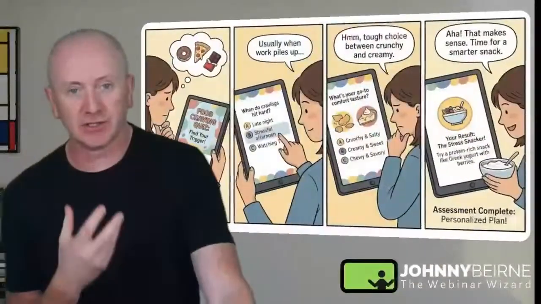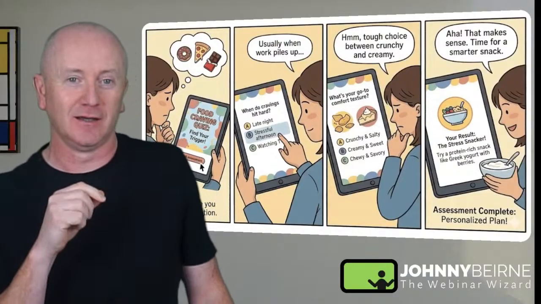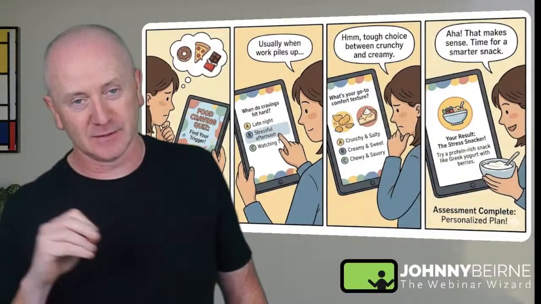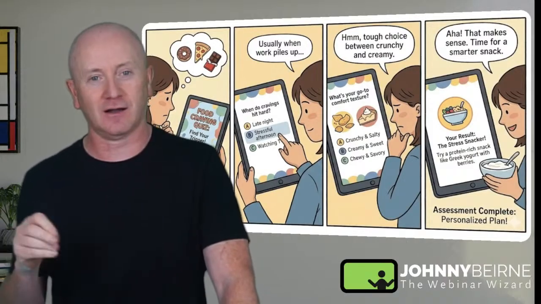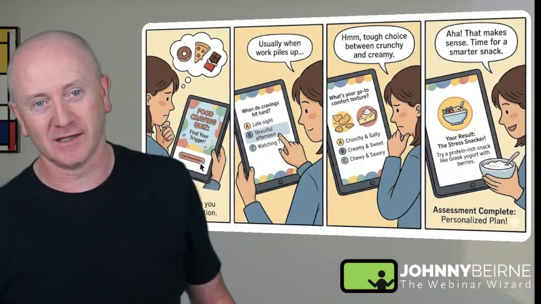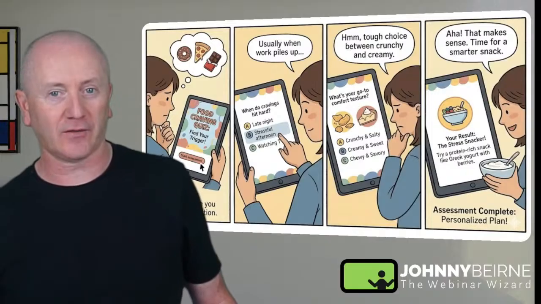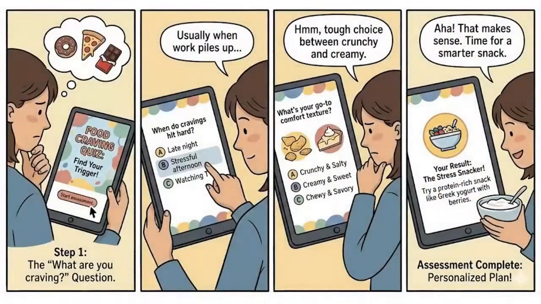It's super engaging, super useful, and super customized, because the advice that this person who completes the assessment or quiz gets is based on their answers and not the dreaded one size fits all. So that's essentially what the huge difference is in terms of building out your quiz.